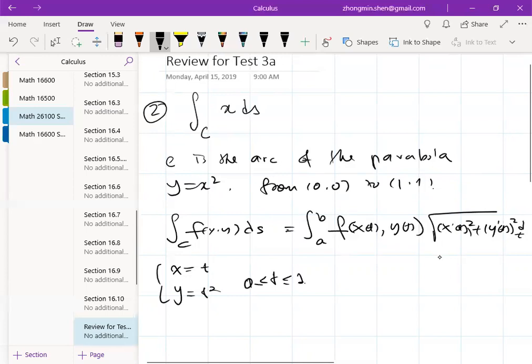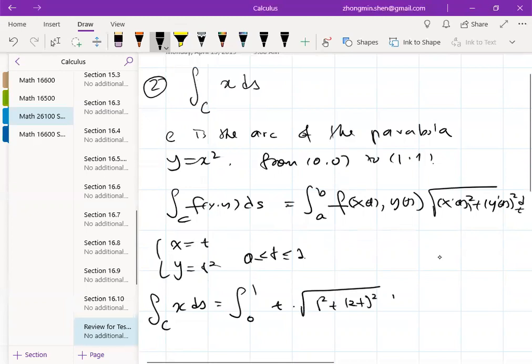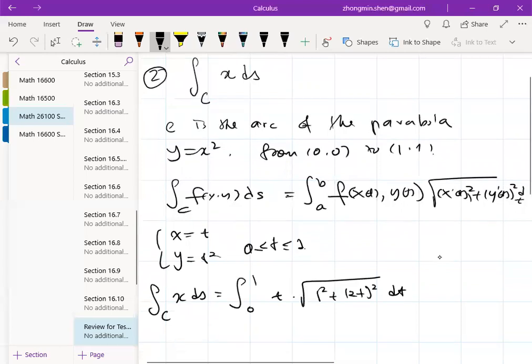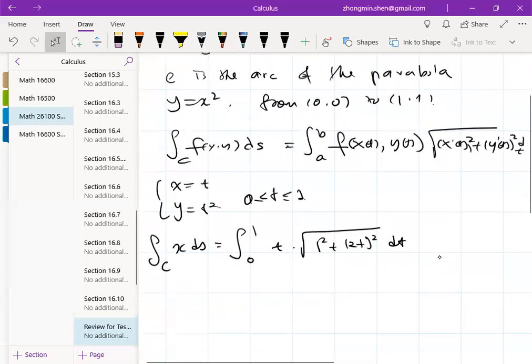Then the integral of x ds is going to be from 0 to 1, x is replaced by t, and the derivative of x is 1, squared, plus 2t squared, and dt, because the derivative of y with respect to t is 2t. So this is the formula.